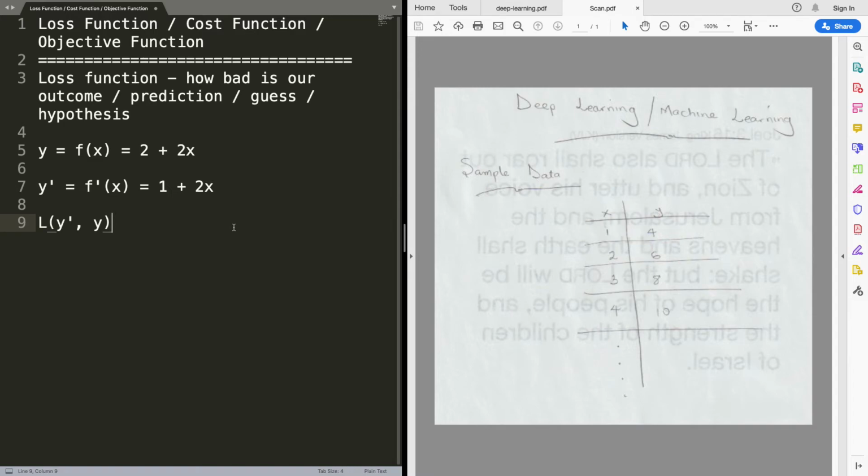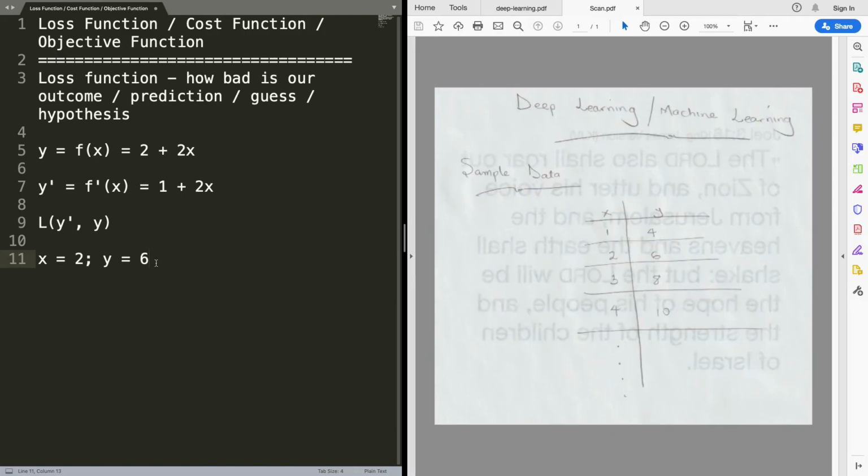So for instance, let's say our x is equal to 2. By virtue of the exact function, the y that we're supposed to get should be 6, that you can see in our data instance.